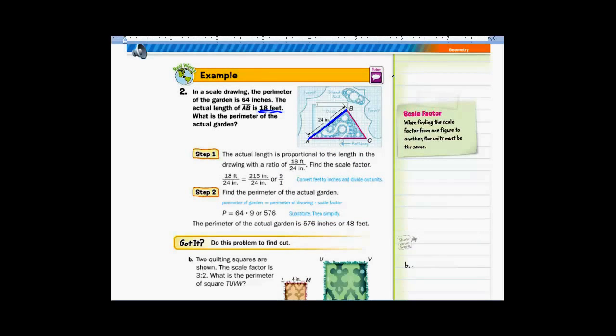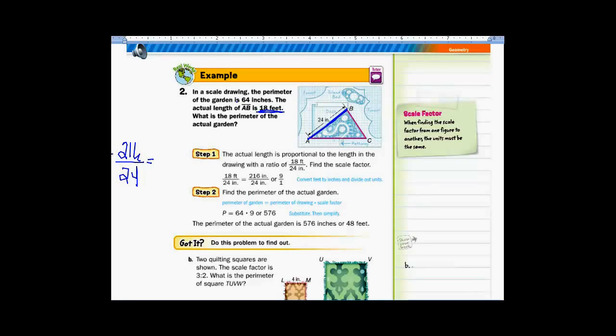So what I'm going to say is 216 inches, which is my actual amount, even if I want to put "actual" over here. Actual 216 is to 24, and that's my scale. So actually 216 is to 24 as what?